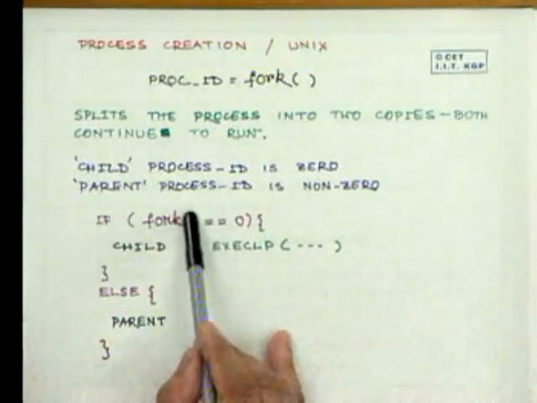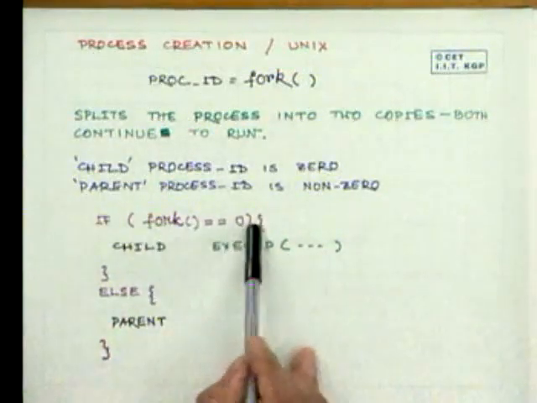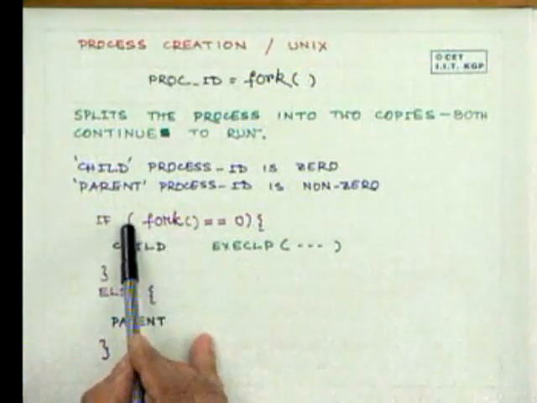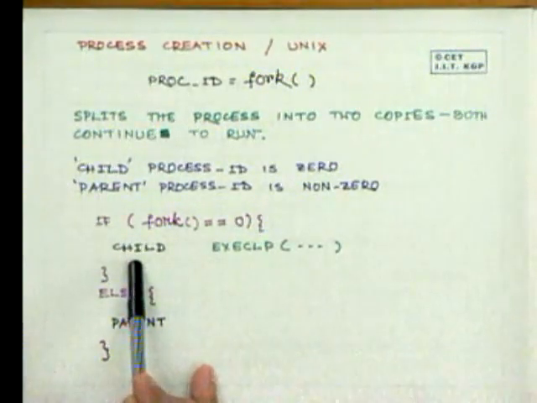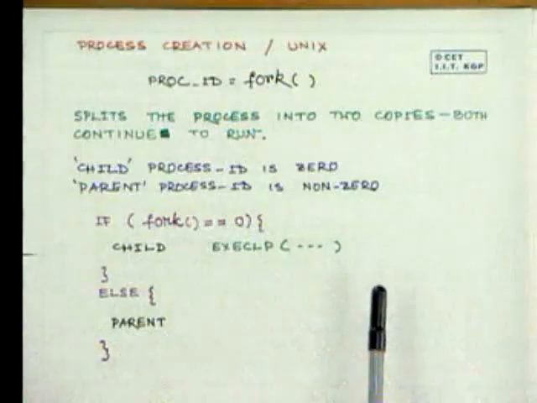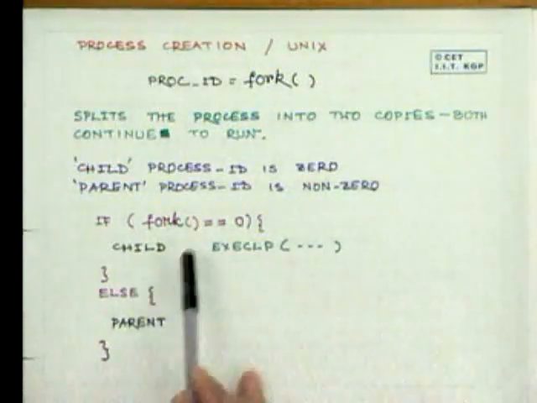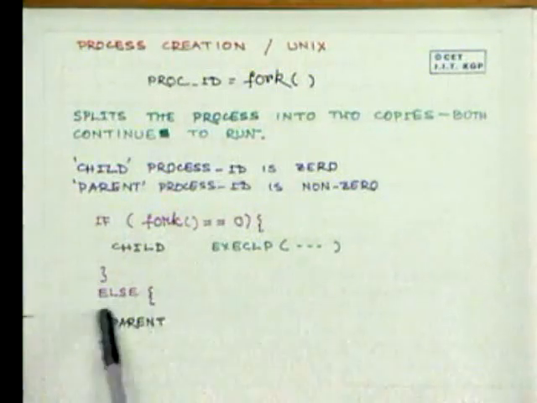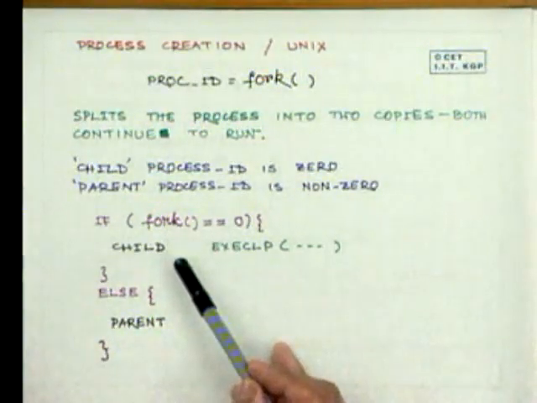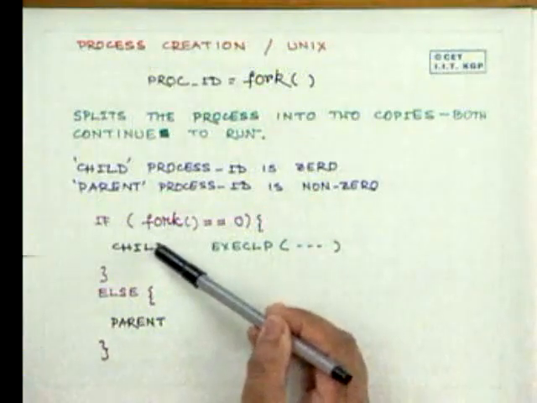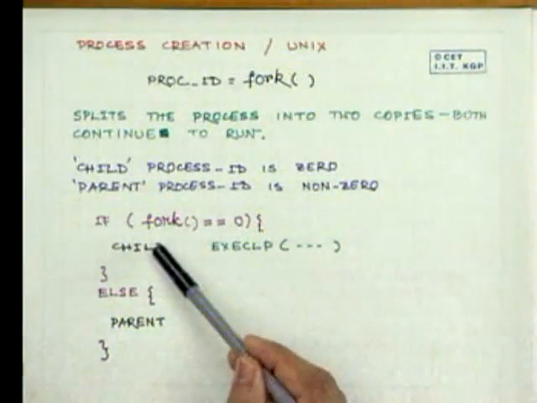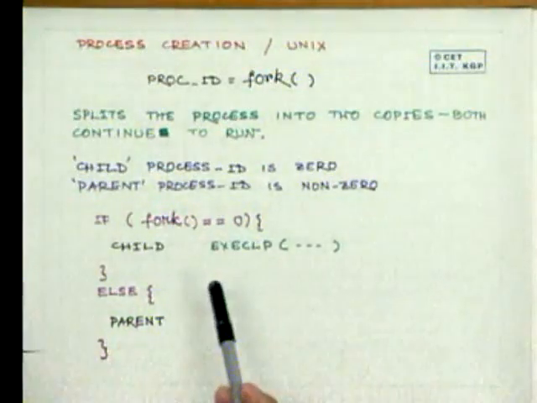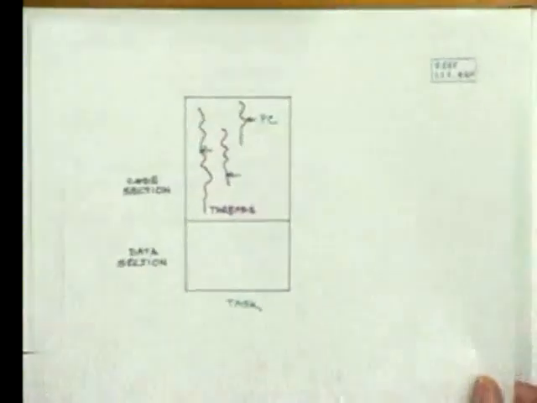Because the two copies are created with the same address space, in the child the fork returns a 0 value, so this statement will be true and the child process will execute this portion. In the parent copy this will be false, and therefore the parent process will execute the other portion. So the child process and the parent process can execute simultaneously in the two copies, which is a situation similar to the thread.